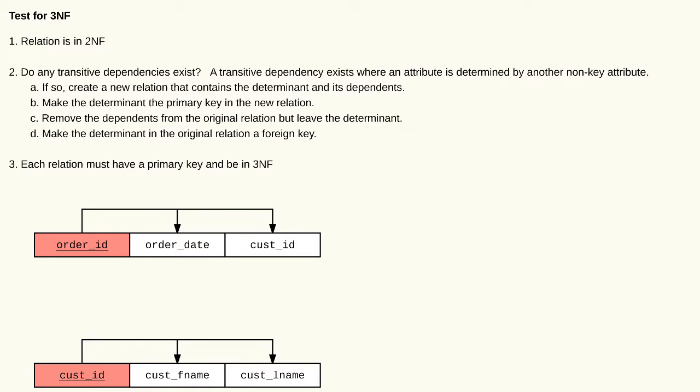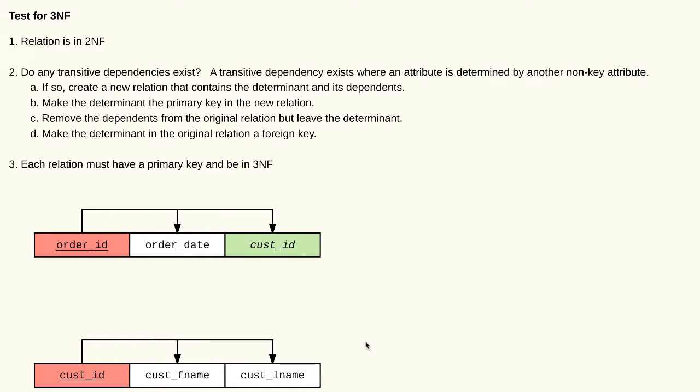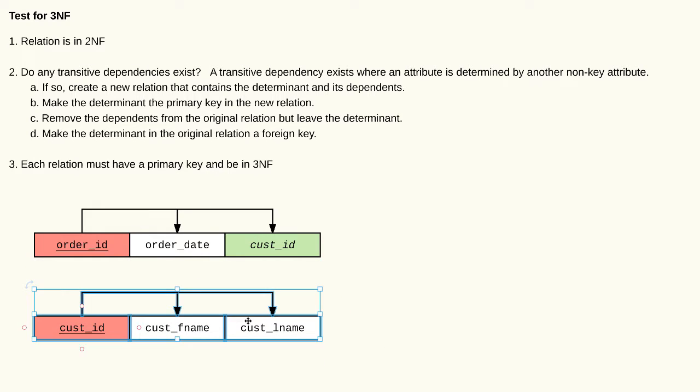And then it says to make the determinant in the original relation, which is this one right here, a foreign key. So I'm going to put him in italics. And just to make him stand out a little bit better, I'll put foreign keys in green here so they stand out better. So that takes care of that transitive dependency.